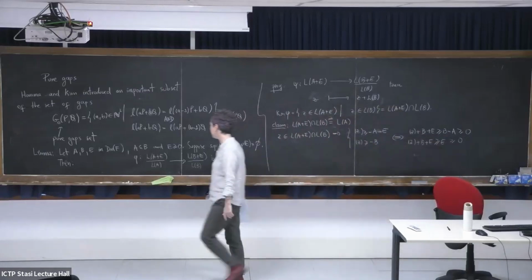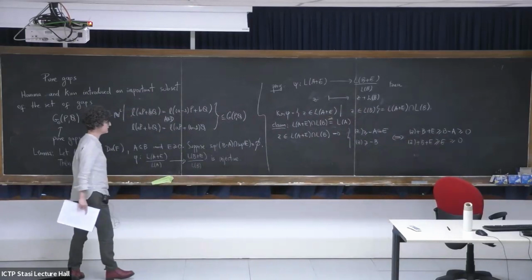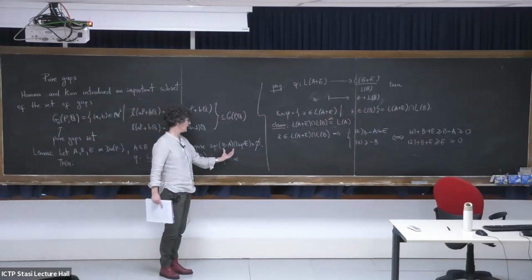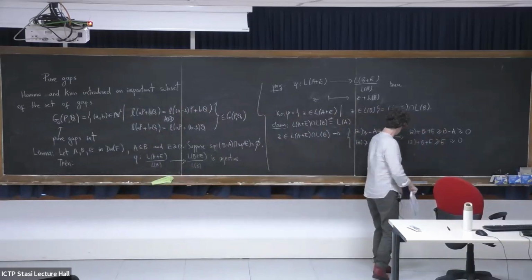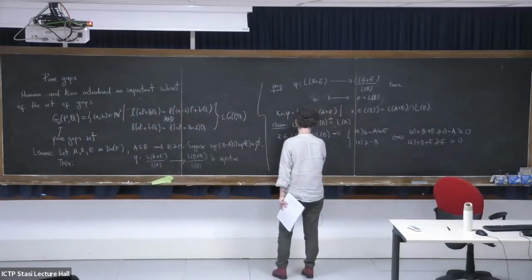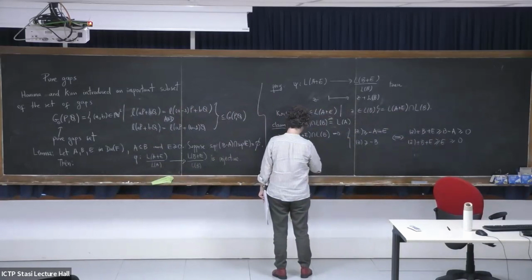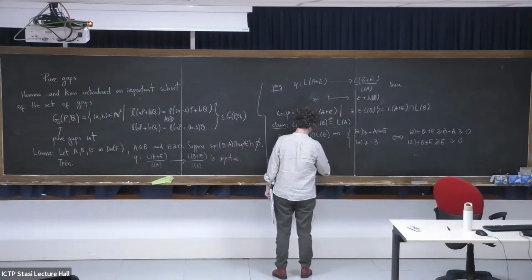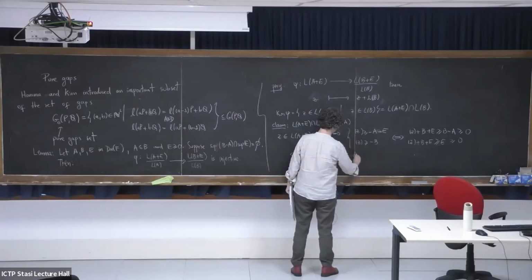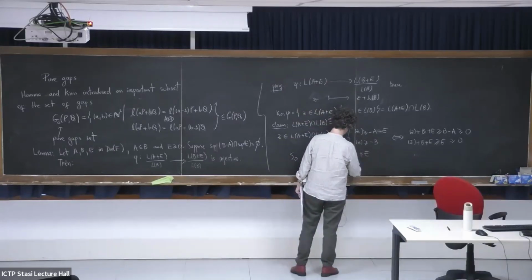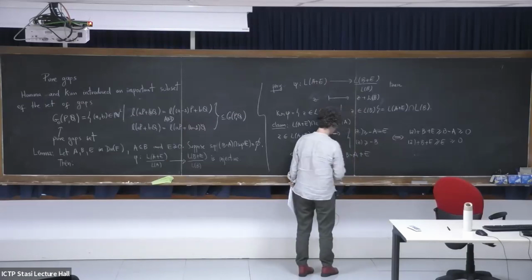Because by hypothesis, we asked that the support of this and this are empty. So the only way this happens is that this one has to be larger than this plus this one, because they have no place in common.